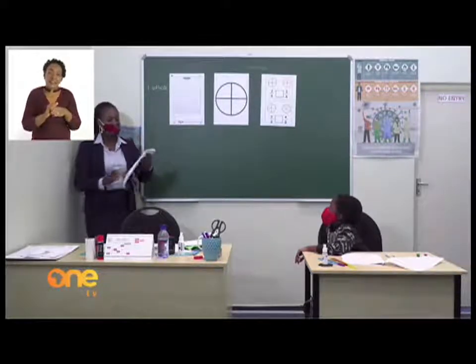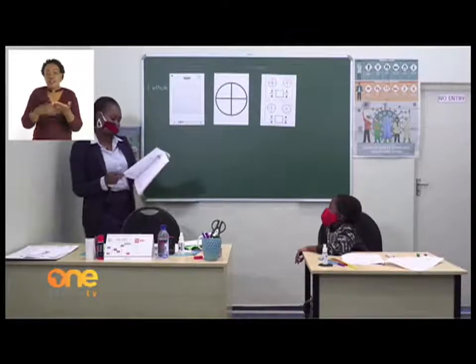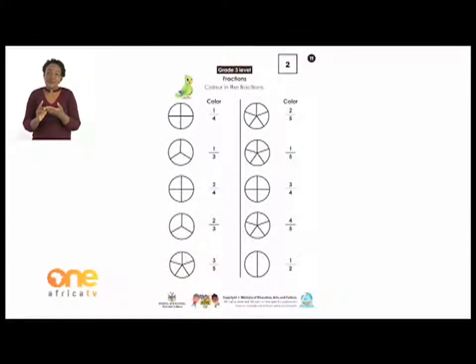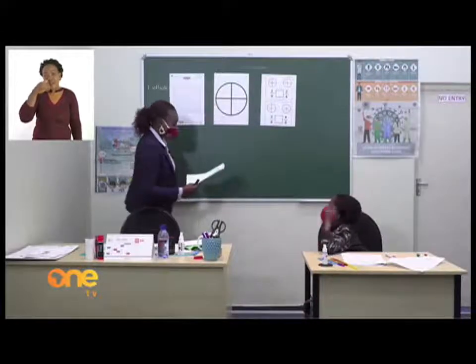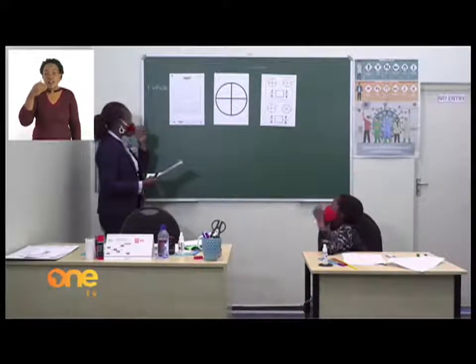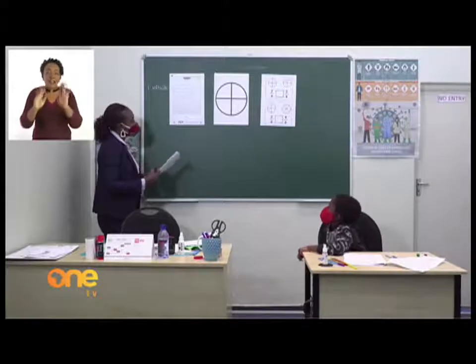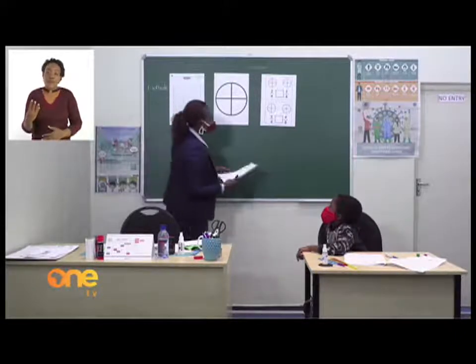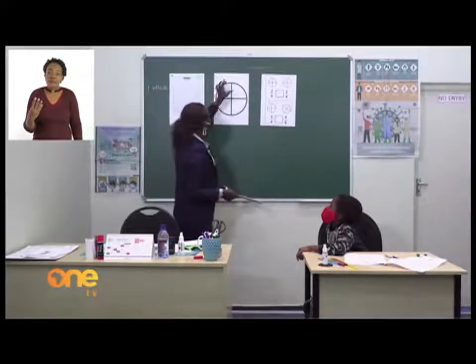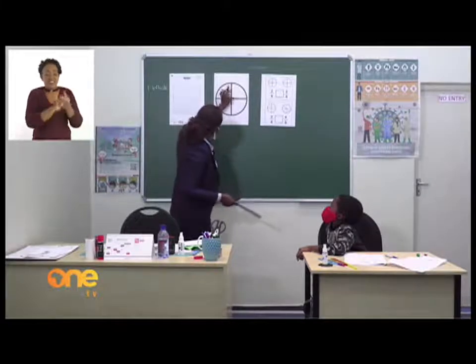Let's now turn to page 11, where we are going to color the fractions. I have my picture here. It's a pizza. This is a pizza. So we want to color 1 over 4. Which means my friend here will eat 1 part.